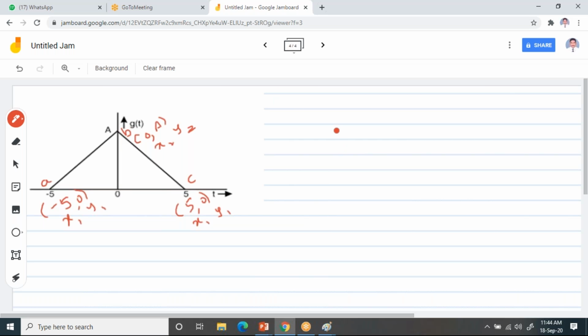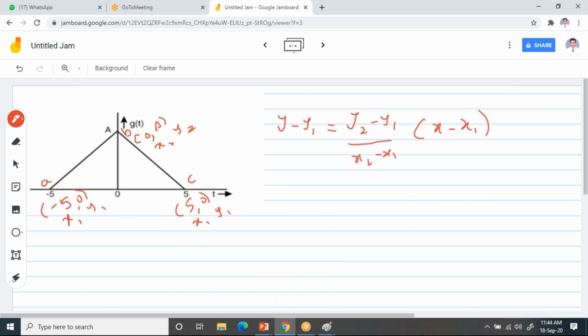You have studied this in straight lines in mathematics. When I have two points, you can write the equation of a line as y minus y1 equal to y2 minus y1 by x2 minus x1 into x minus x1.